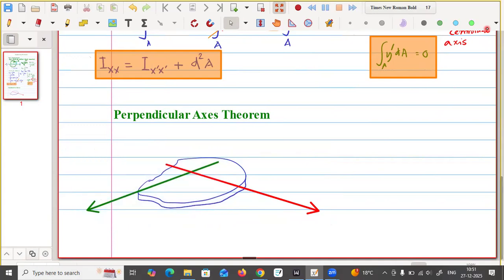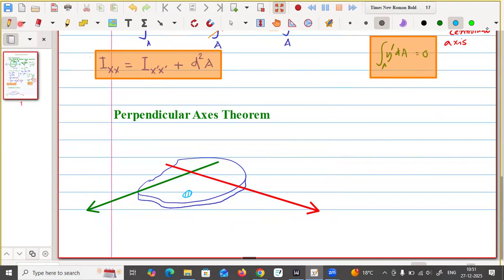Next, we select a small area somewhere here.